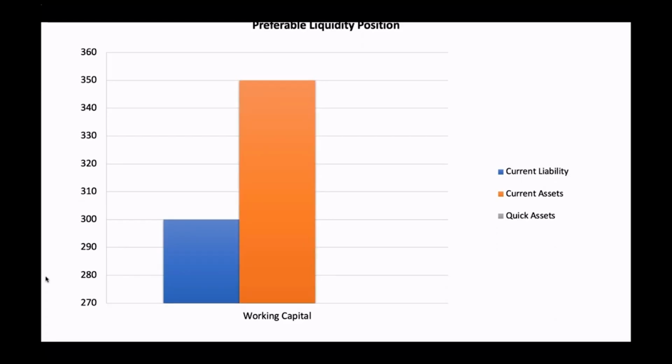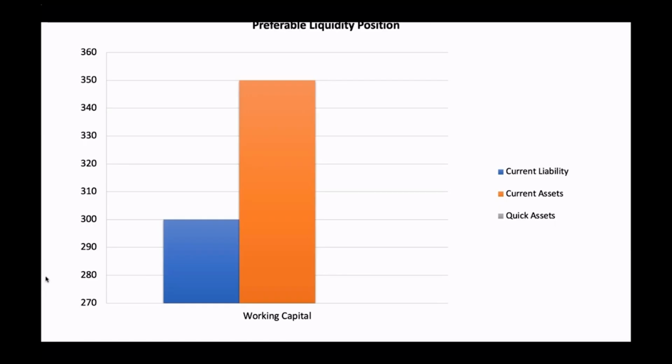Actually, it should be greater than 350, because there is a kind of benchmark for the current ratio. Theoretically it is 2:1, and what is widely accepted is 1.33. Here I have used the number 350, but you just focus on one understanding, that current assets should be greater than current liability.